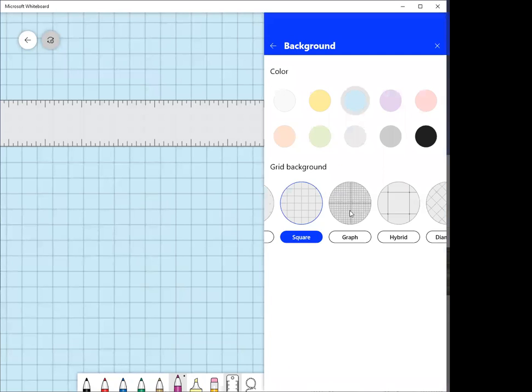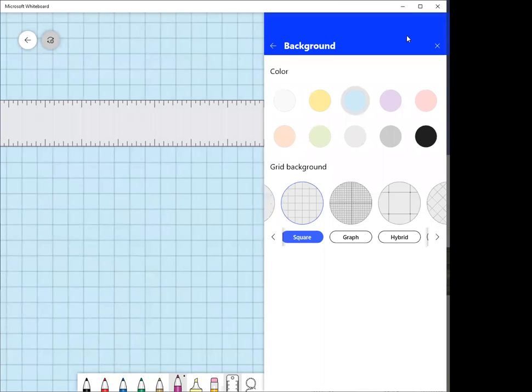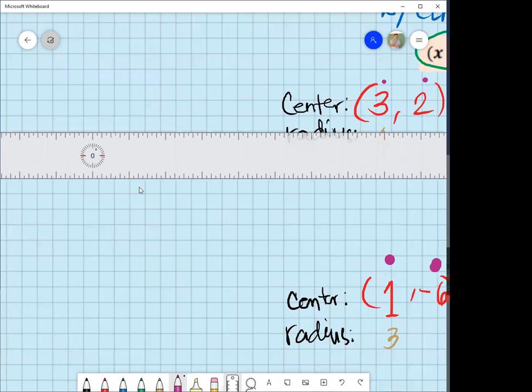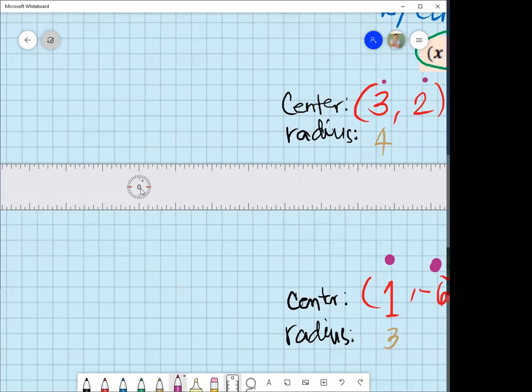Format background para automatic na. Okay. Go. So gawa lang tayo ng Cartesian plane natin. Let's just make our Cartesian plane. Here. There.